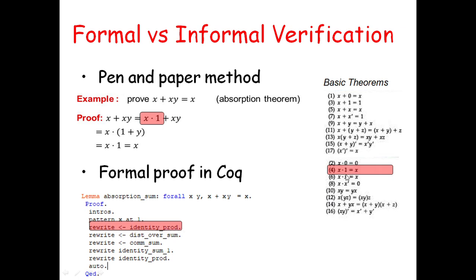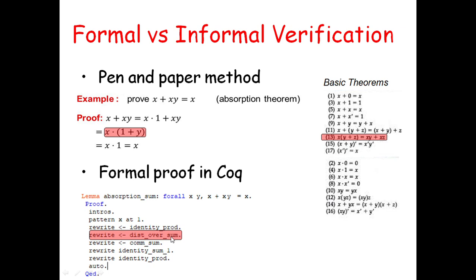This is the theorem, and the name here in the Coq proof for this theorem is identity product. So identity product is written here or applied here using the rewrite tactic. Then this whole term is replaced with this one by using the distributive property over sum. Here is the distributive property over sum, and it is named distributive over sum in the Coq proof.